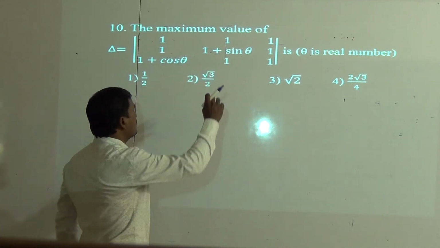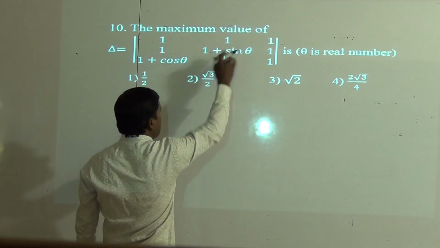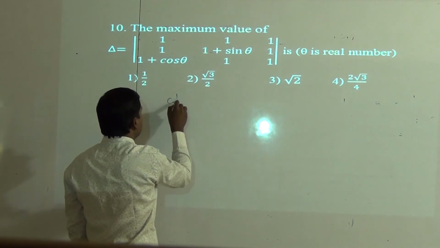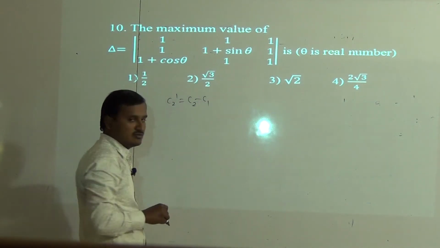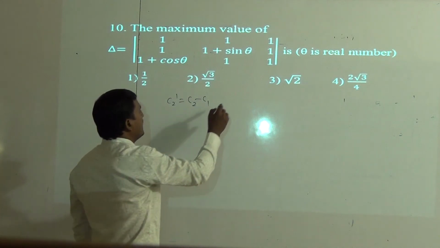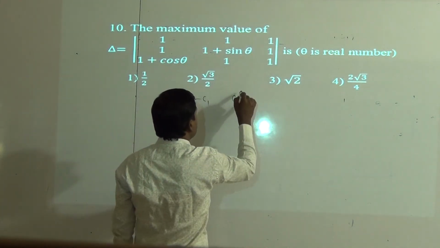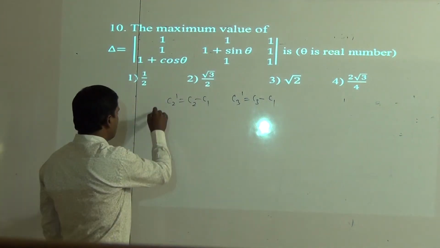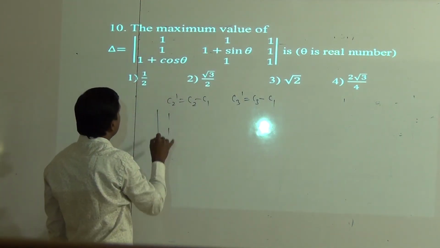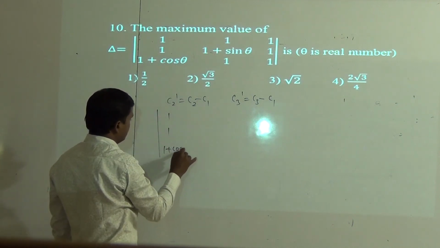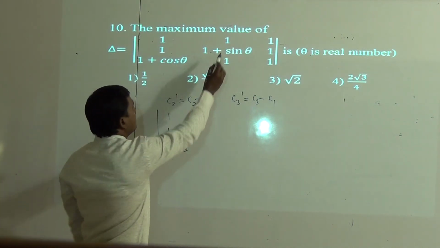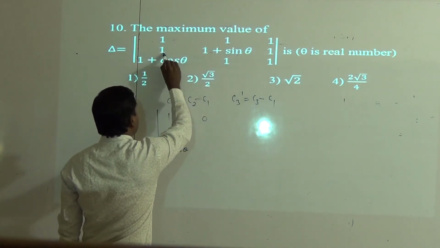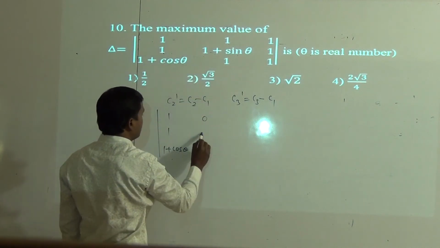Before expanding this determinant, I will make this element 0 by applying the operation C2 dash equal to C2 minus C1, and also I will make this element 0 by applying C3 minus C1. So the first column as it is, 1, 1, 1 plus cos theta. C2 minus C1: 1 minus 1 is 0, and here it is 1 plus sin theta minus 1, the minus 1 and plus 1 get cancelled. What is the answer?